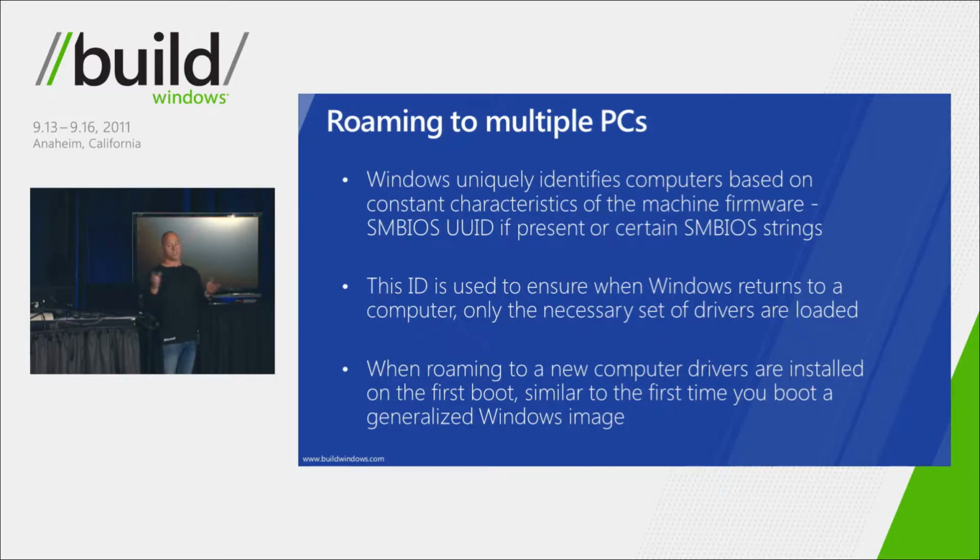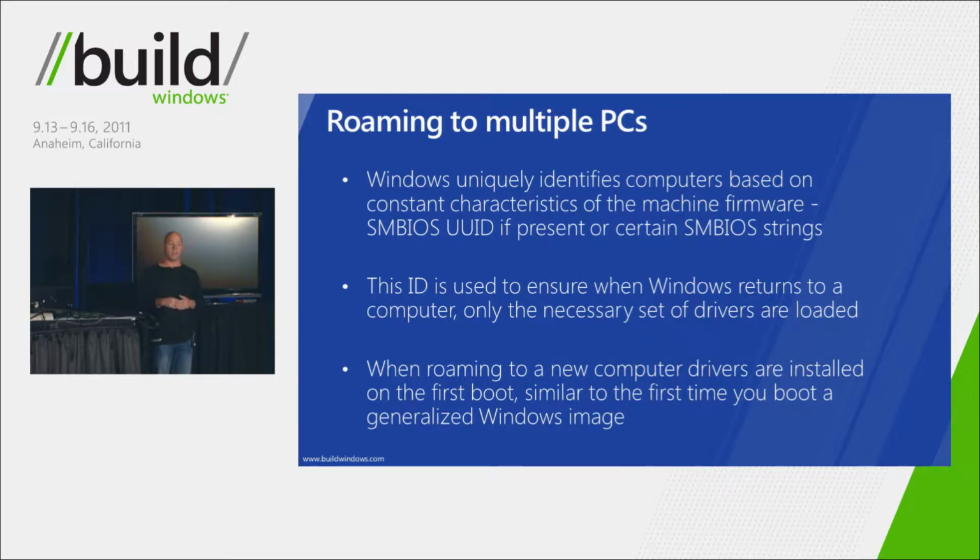If you roam to another machine, we determine that it's a new machine, and we go through the same process. The first time you roam to a new machine, you'll see Windows put up a screen saying it's discovering the devices. After you've done that one time, when you roam back to any machine that you've ever been to, the speed is very fast. In fact, it boots very, very quickly.